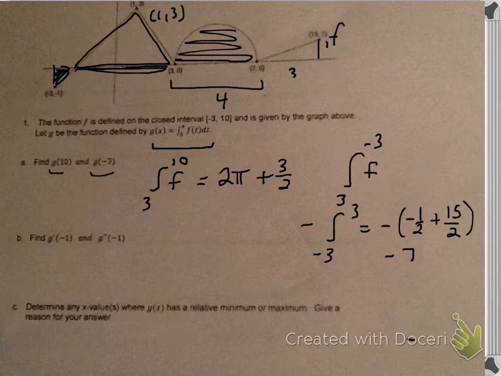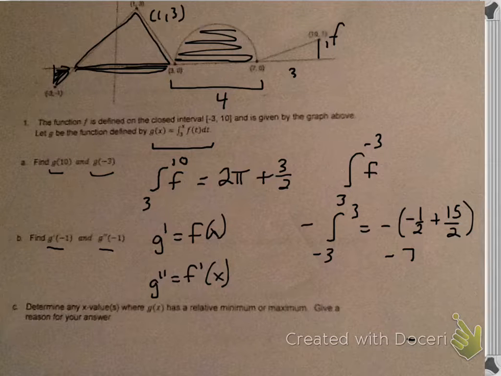Find g prime of negative 1 and g double prime of negative 1. G prime would be f of x. So g double prime would be f prime of x. So g prime of negative 1 is f of negative 1.